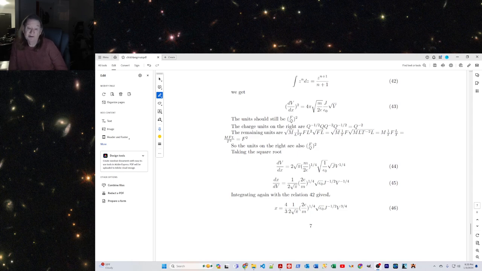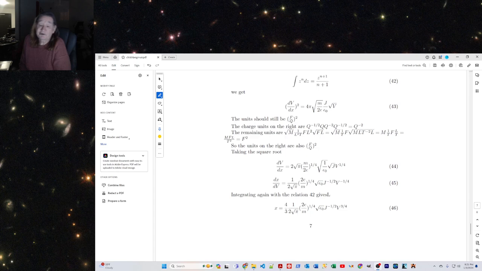Now the current is constant throughout space. All the electrons that leave the cathode arrive at the anode. So J does not depend on the electric potential. It's a constant in this formula.